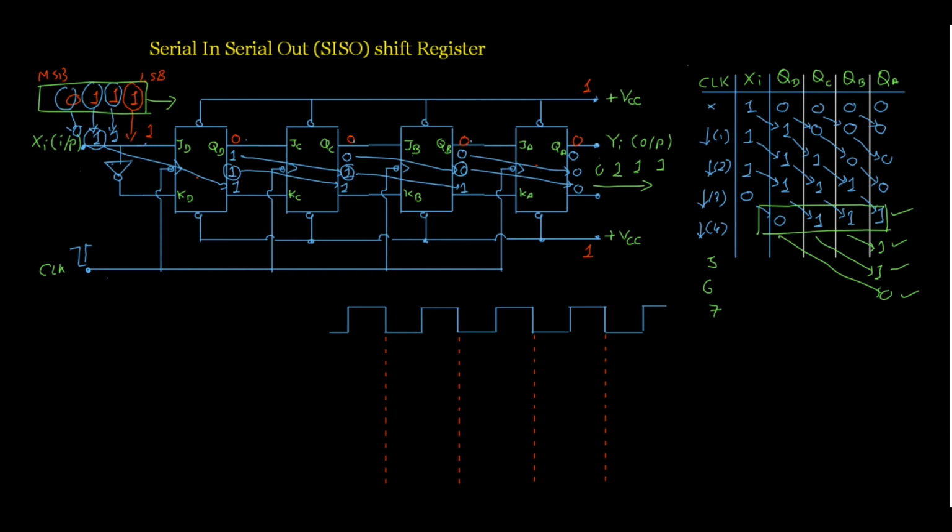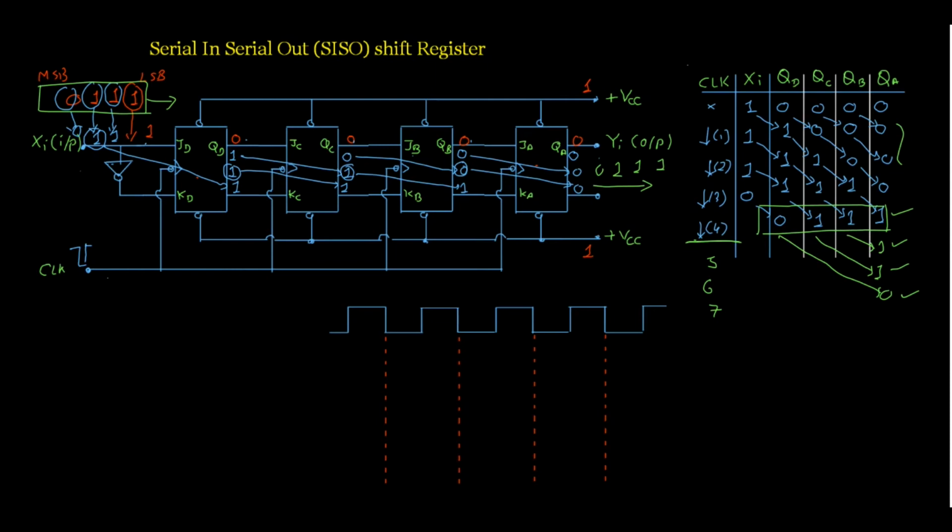Here you should remember that if we have 4-bit data, then we require 4 clock cycles to enter this binary number. If we have 7-bit data, then we require 7 flip-flops, and 7 clock pulses are required to store this data. But if you want the output serially, then some more clock pulses are required.